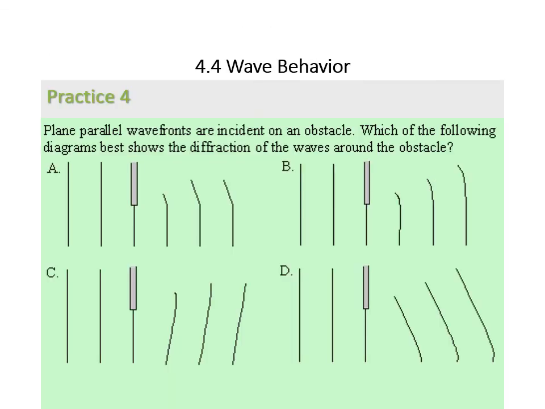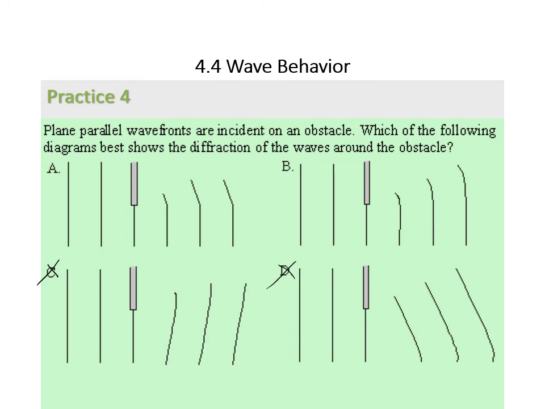Practice 4. Plane parallel wavefronts are incident on an obstacle. Which of the following diagrams best shows the diffraction of the waves around the obstacle? So let's get rid of choices C or D because this is diffraction. This is not refraction. The direction of the wavefronts does not change. They're not changing media here. They're just incident on a boundary or an opening.